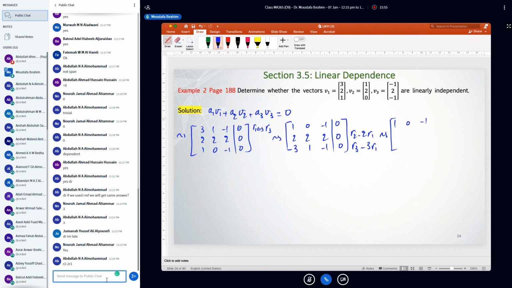1, 0, minus 1, 0, 0, 2. Here we get 2 plus 2, 4, 0. Here for sure 0. It will remain 0. If you have a homogeneous system, you start with zeros, it will remain always 0.